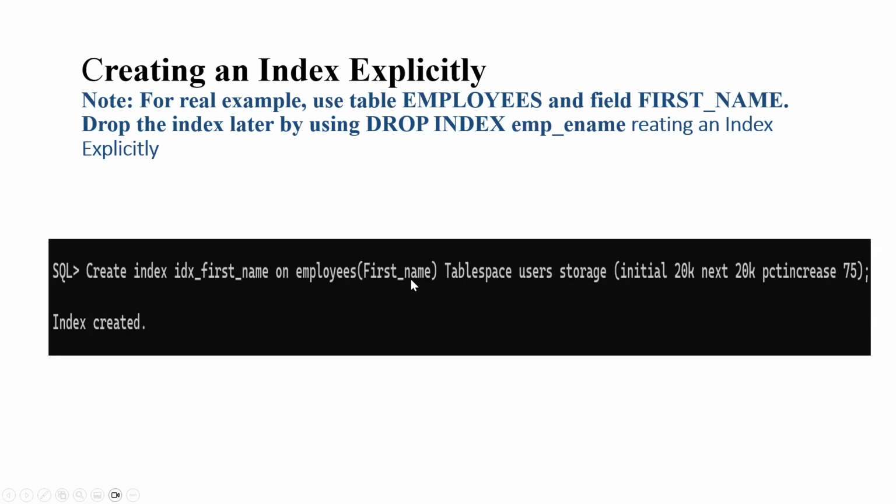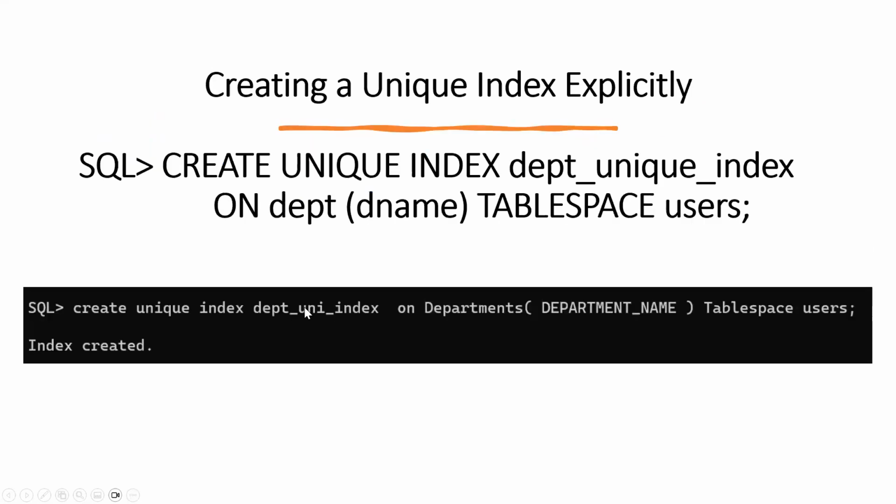So it is possible that you create an index on the names, and you remember the concept of clustered index, wherein we have an index pointing to the cluster of rows. So here the group of rows is created when you create an index on first name.